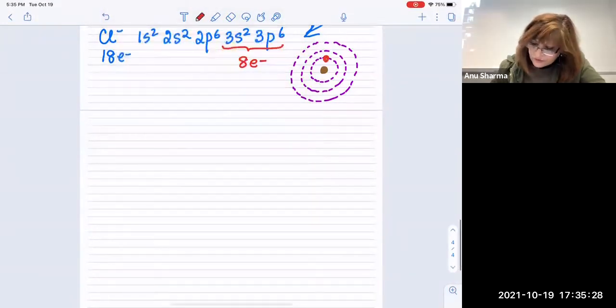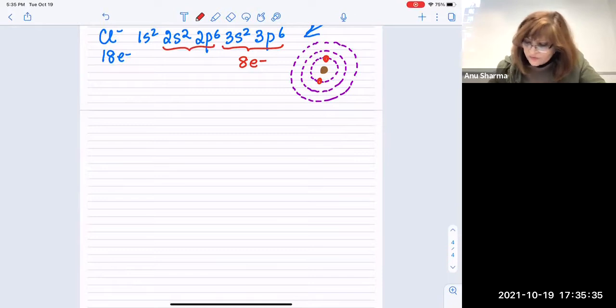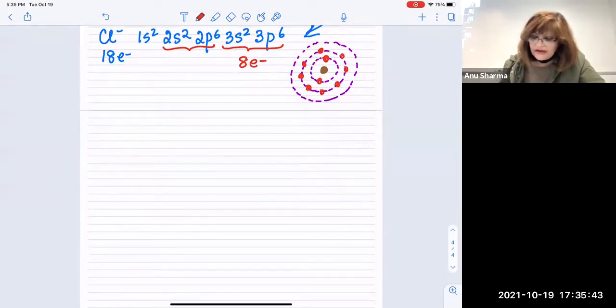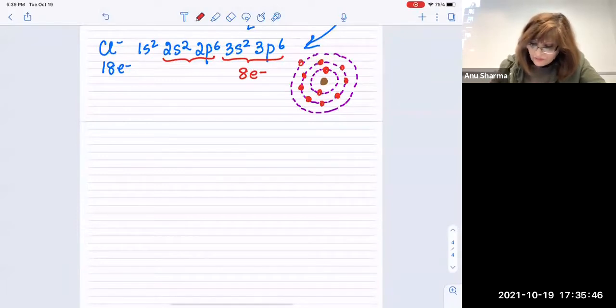So here we have the 1s2, and here is this 2s2 and 2p6. So this is again 8 electrons. 1, 2, 3, 4, 5, 6, 7, and 8 electrons, right? And now the 3p initially had 1, 2, 3, 4, 5, 6, and 7.